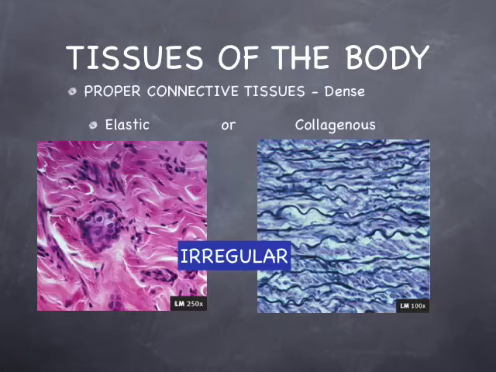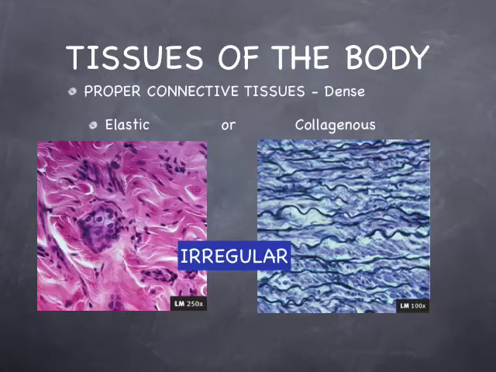Think of a rope. If you were to look at all the little fibers that make up a rope, they're all running the same direction, aren't they? In an irregular type, the fibers are running across each other. Think of a piece of cloth. If I looked at all the threads in the cloth of my shirt, I'd see them running different directions, wouldn't I? And so these connective tissues build themselves into sheet-like structures.